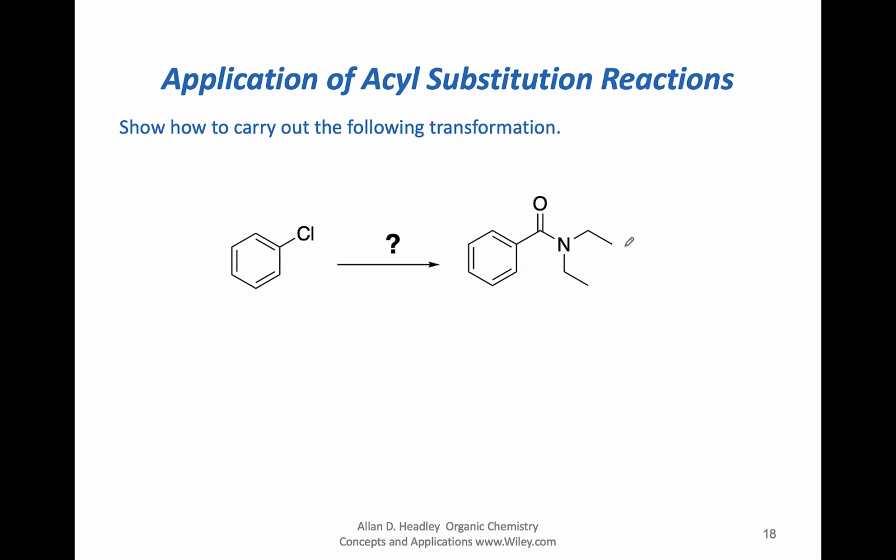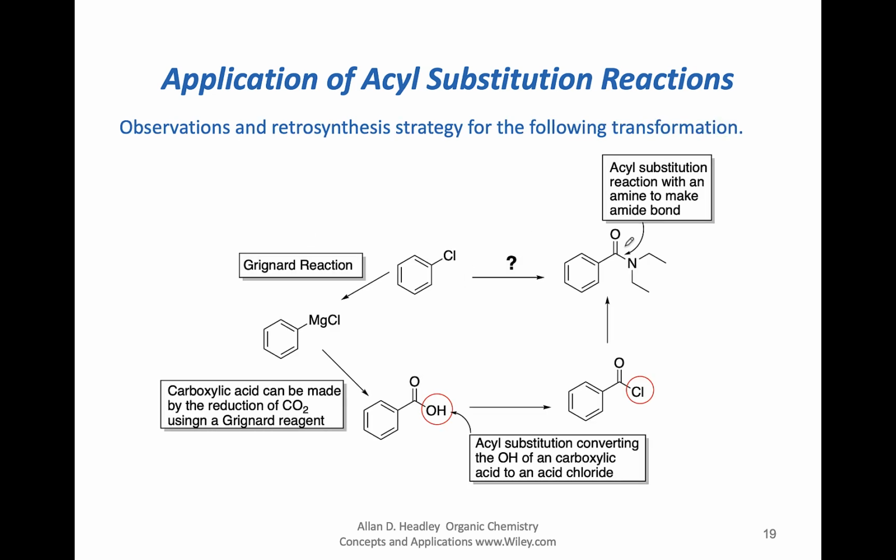So let's do the analysis and see what type reactions and reagents are needed. So here's the molecule again, the target molecule right here. You'll recognize this to be the amide bond right here. We can make an amide bond by an acyl substitution reaction using an amine. So if we had an amine right here, more than likely this is going to be the amine. And we need a group here that's a leaving group.